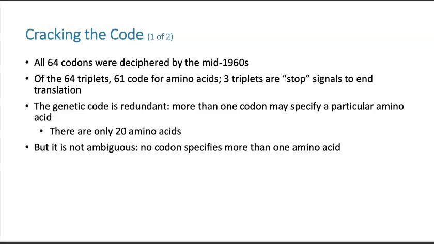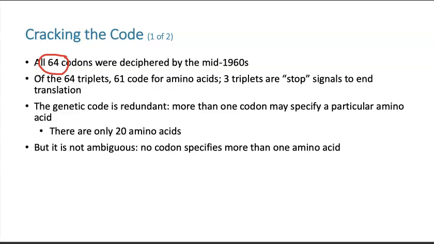One other thing that is important to understand is that if you have 4 different nucleotides, A, T, C, and G, or if you're talking about RNA, A, U, C, and G, and you take 3 of those in a row, you get a codon. If you do the math, there could potentially be 64 amino acids, but there aren't.